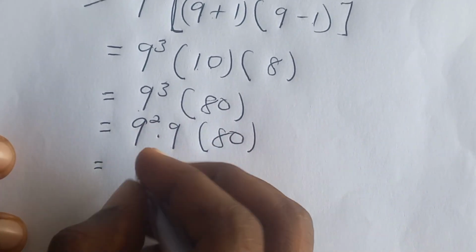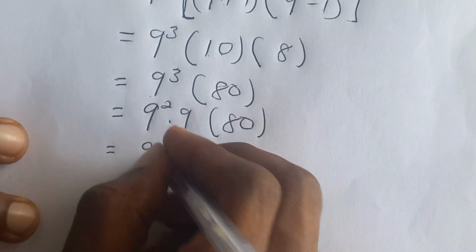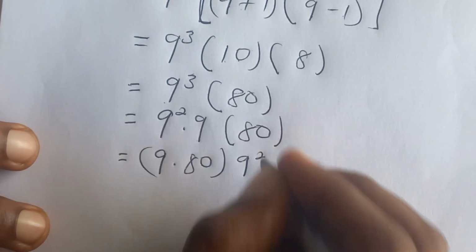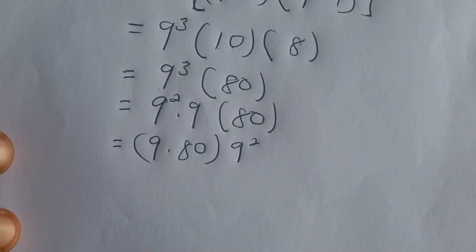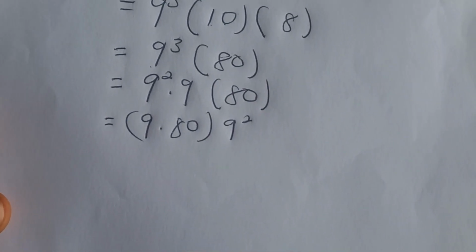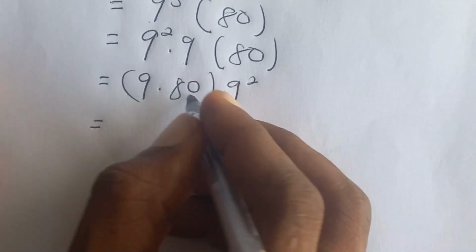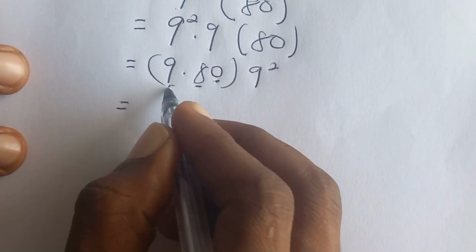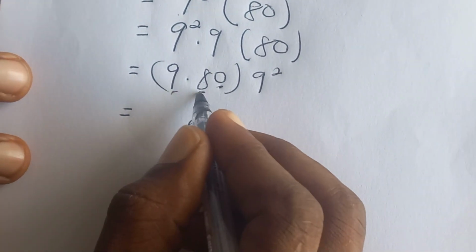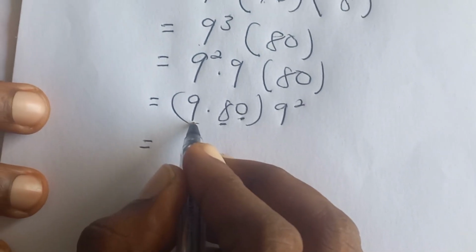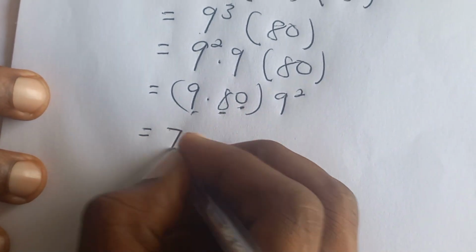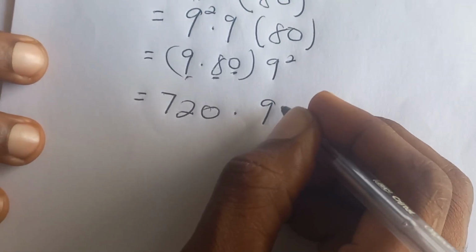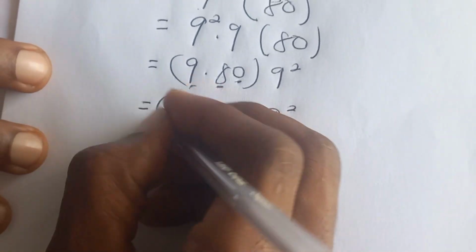So this and this, we can say 9 multiplied by 80 into bracket 9 squared, which is equal to 0 times 9, we are getting 0. 8 times 9, we are getting 72. So 72 multiplied by 9 squared, like this.